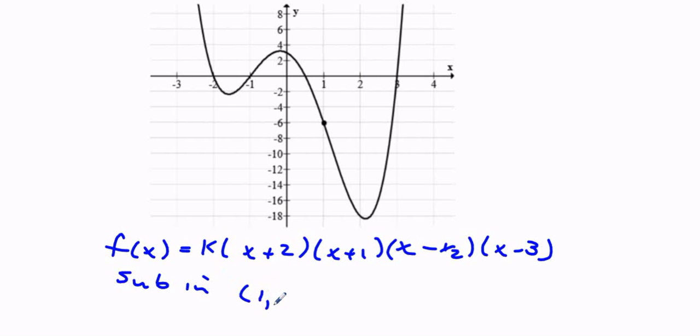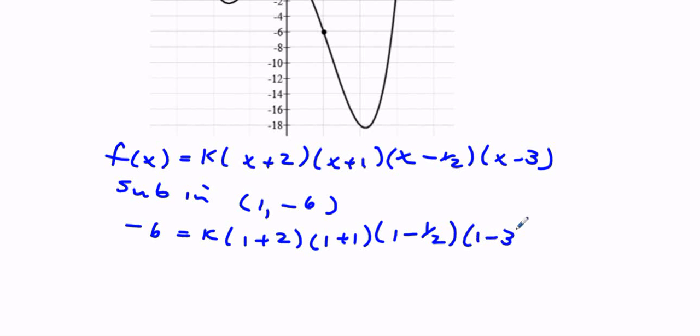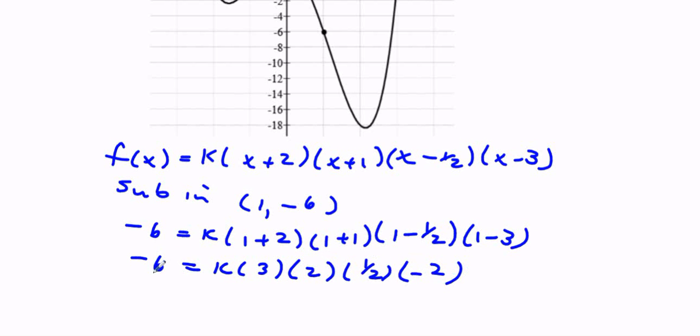the point 1, negative 6. So, negative 6 equals k times 1 plus 2 times 1 plus 1 times 1 minus a half times 1 minus 3. Negative 6 equals k times 3 times 2 times a half and then times negative 2. And when I do my multiplication here, I get negative 6k is equal to negative 6.